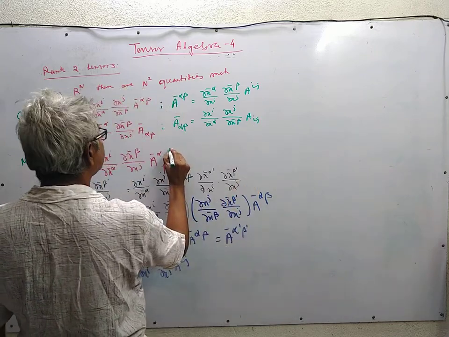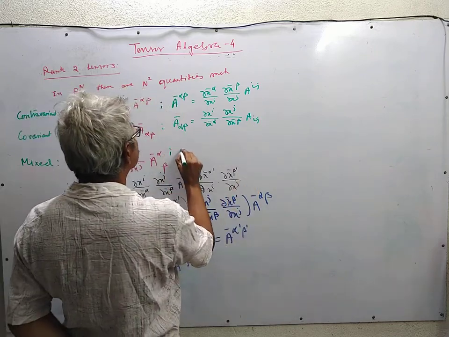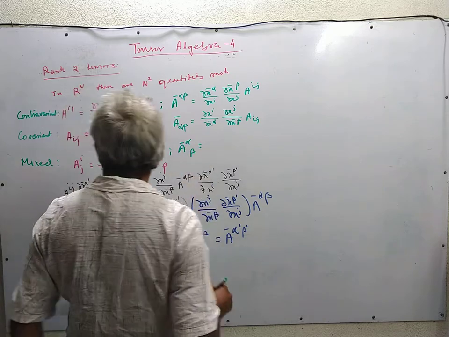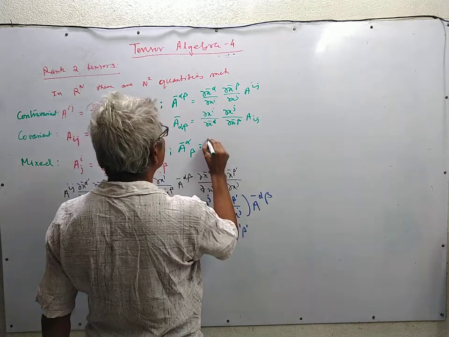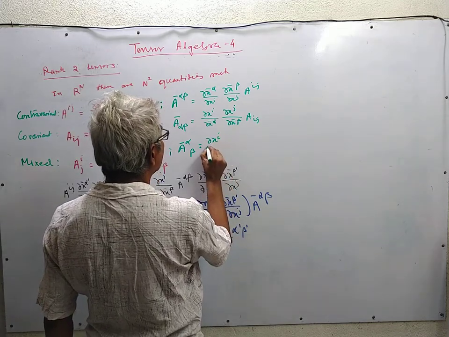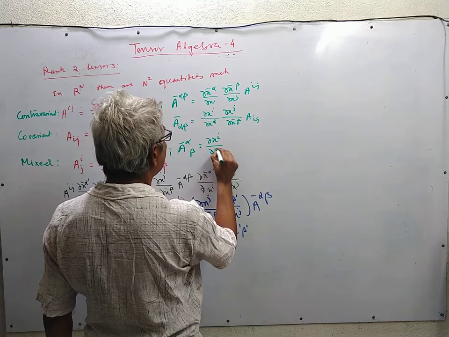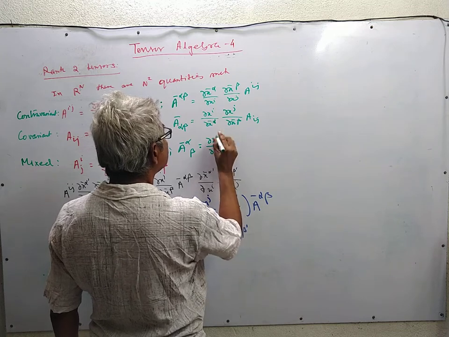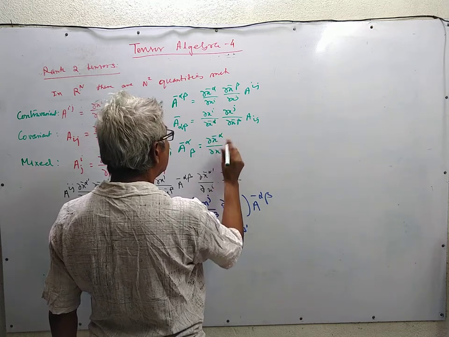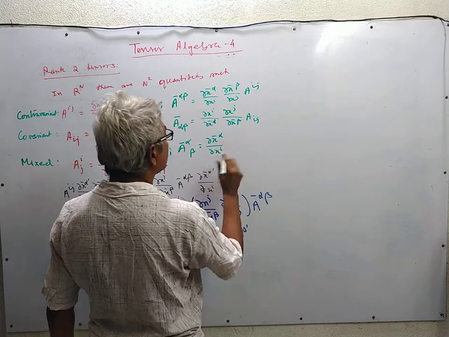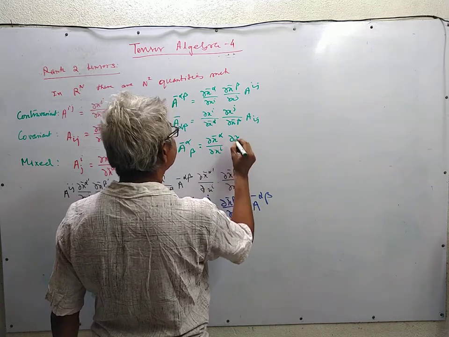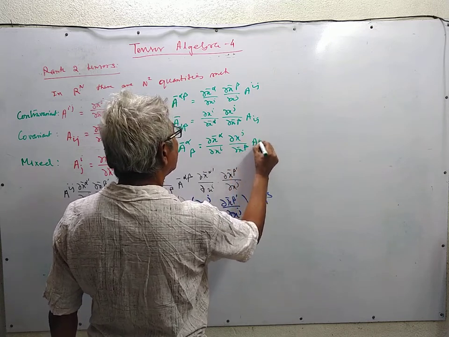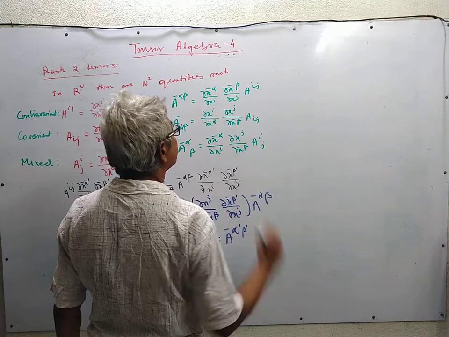And for mixed tensor, the inverse relation is del x bar alpha del xi, this is the contravariant component, del xj del x bar beta a of ij.